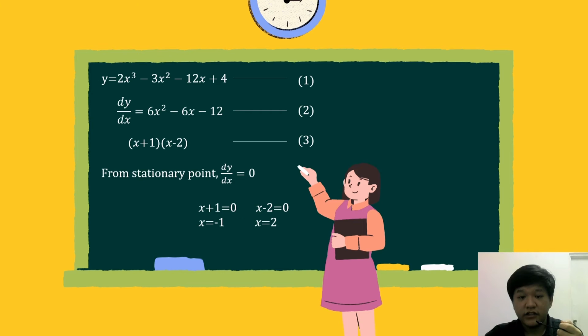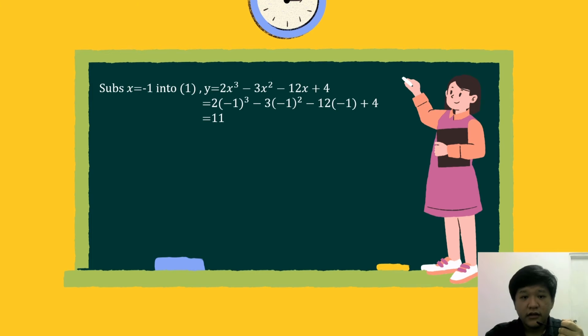When we do the calculation, the plus 1 we bring to the right side and we will get x equals negative 1, and it also applies to the next one, x minus 2. We bring it to the right side, so x equals 2. So x equals negative 1, x equals 2.